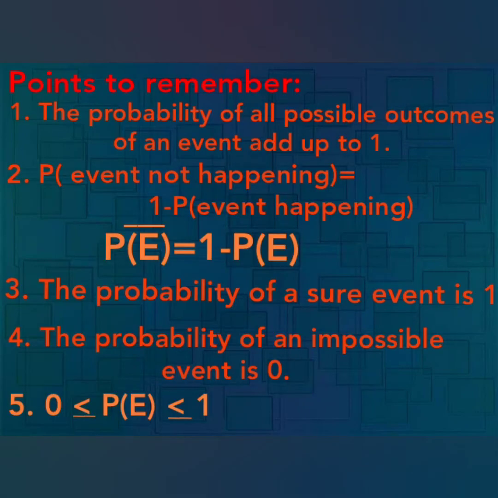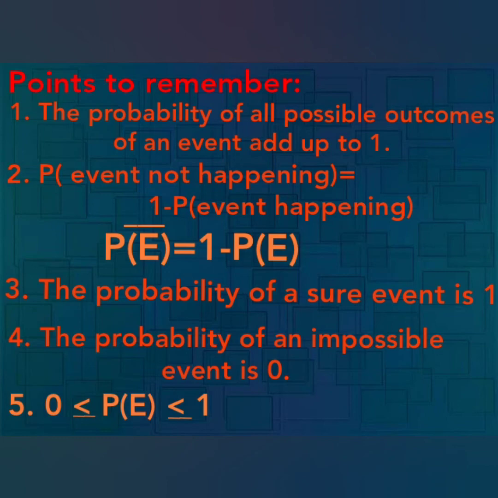Notes. First one, the probabilities of all possible outcomes of an event add up to 1. If you add all the possible outcomes of an event, definitely you will get 1. Second one, the probability of an event not happening is equal to 1 minus the probability of the event happening, that is P of E bar is equal to 1 minus P of E. Third one, the probability of a sure event, certain, is 1.